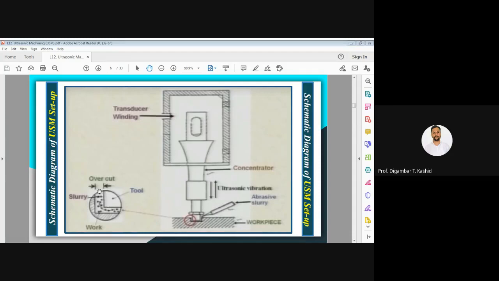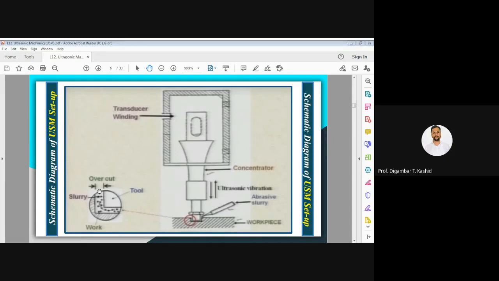This is called overcut, through which slurry will go, hence additional material is removed during this process. And overcut means what? It is the gap between your tool surface and the side surface of your workpiece. And some material is removed from the tool also during this process, so you will find the material is continuously removed from your tool.